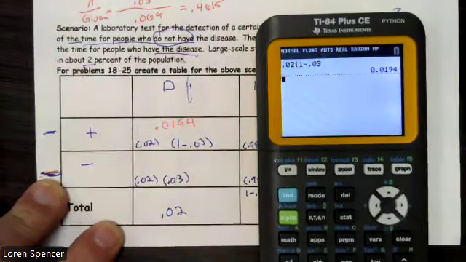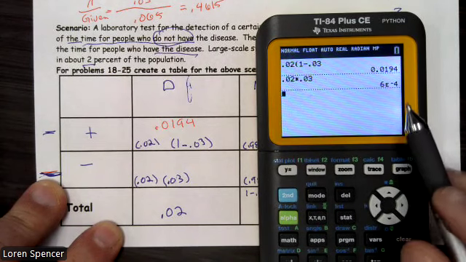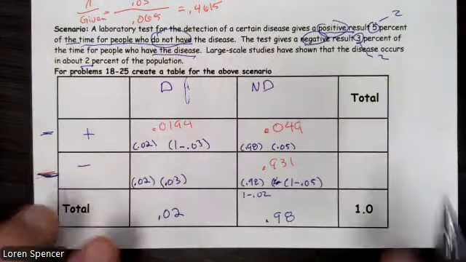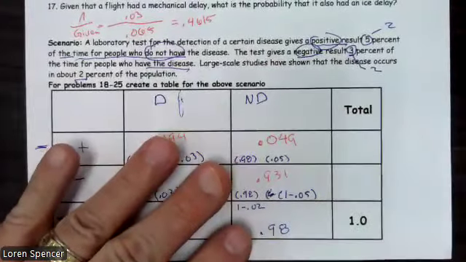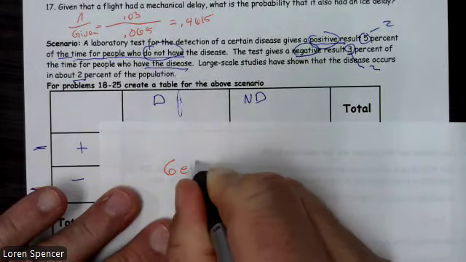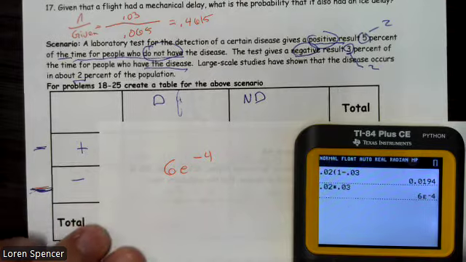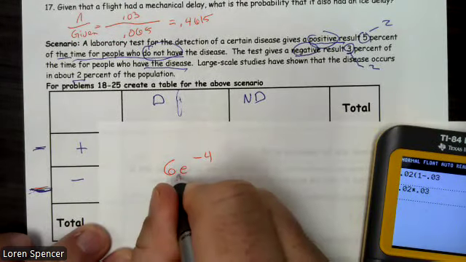And then we have 0.02 times 0.03, and that gives me 6e to the negative 4, and I know that scares people. So here's what that means. My calculator says 6e to the negative 4.